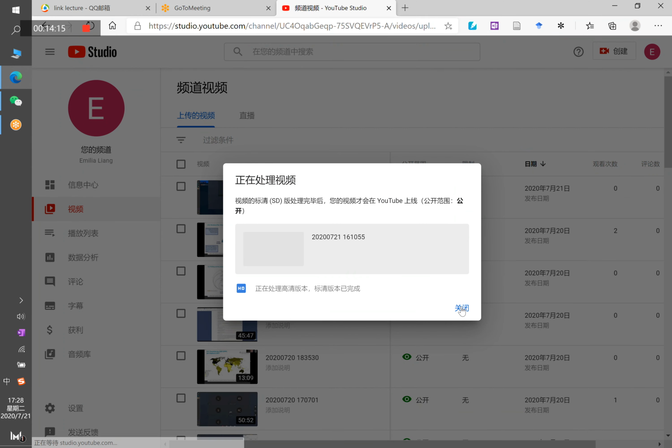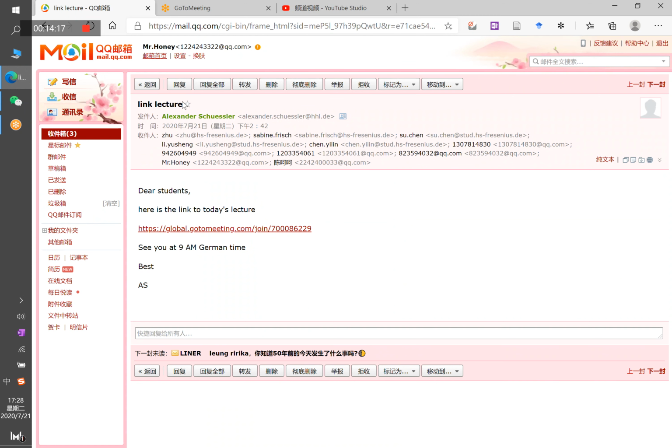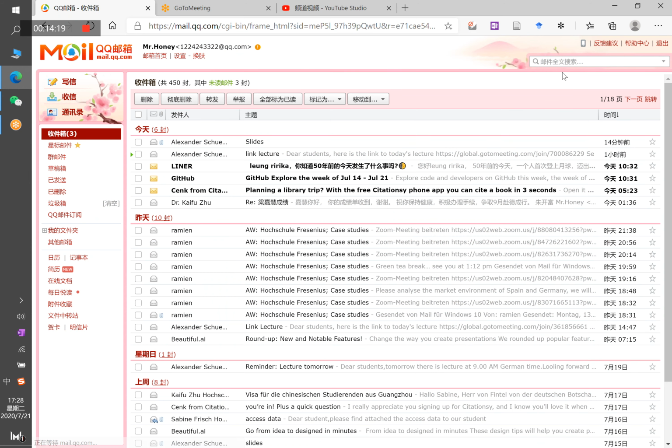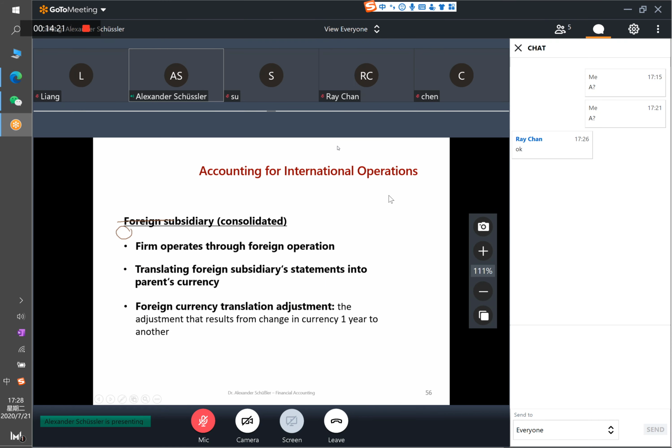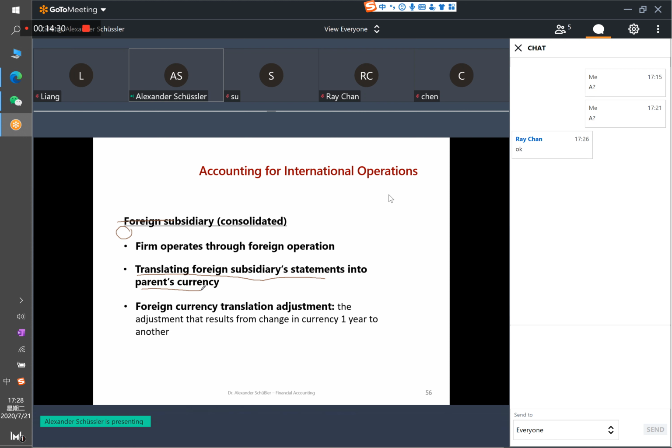Here, the firm operates through a foreign subsidiary, a foreign operation. You translate the foreign subsidiary statement into your parent's currency because the foreign subsidiary has a different currency, and that's why you have a foreign currency translation adjustment. Very good.